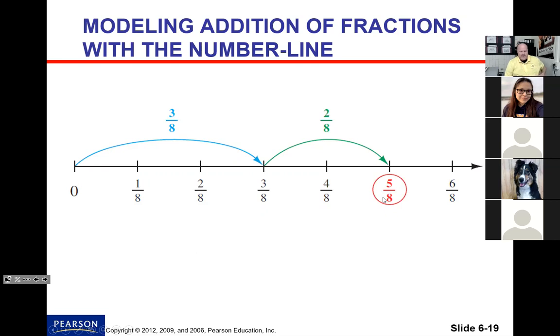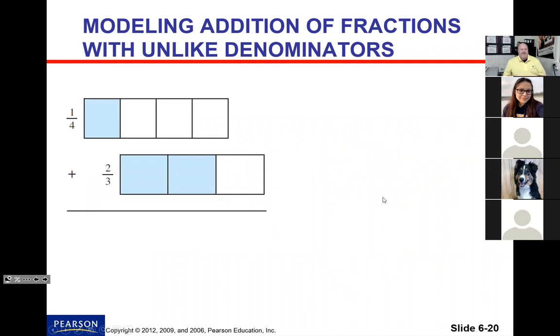Okay. Now this is a neat one, and it's kind of tricky to look at. Oh, this is unlike ones. Okay, never mind. Modeling addition of fractions with unlike denominators. Unlike is something like this. When you're teaching it, you might do it graphically or pictorially like this, but you might go right into doing it algebraically, which is the most common way to do it, which we're going to do in some practice coming up here.